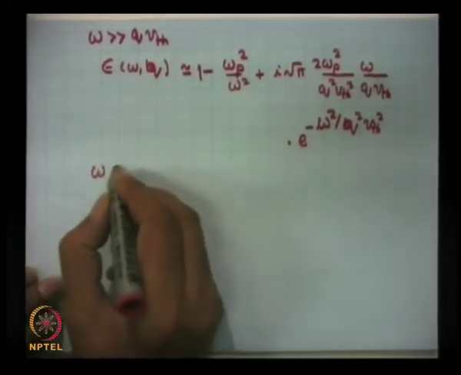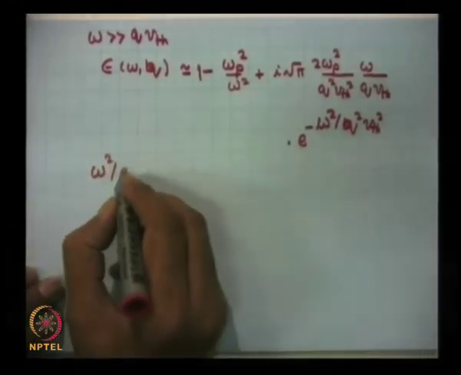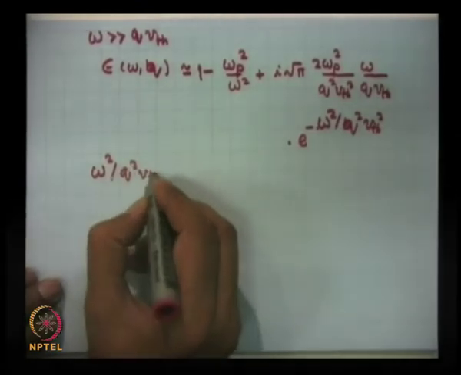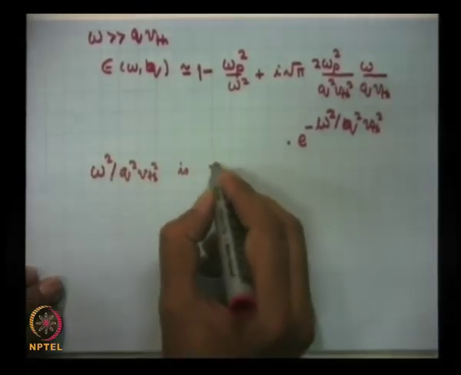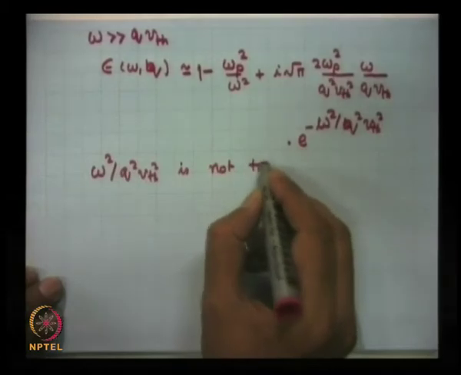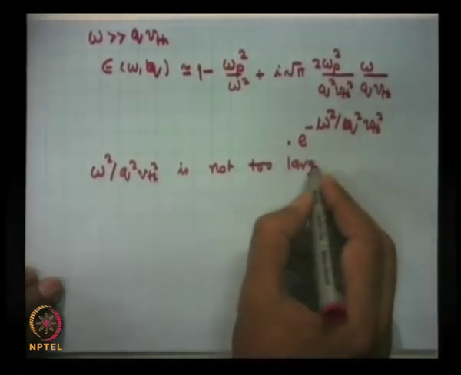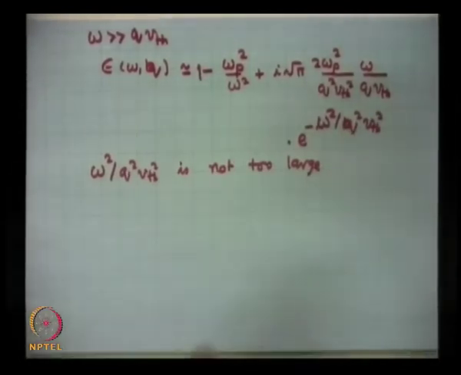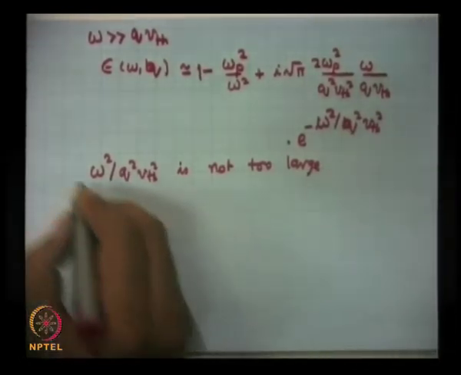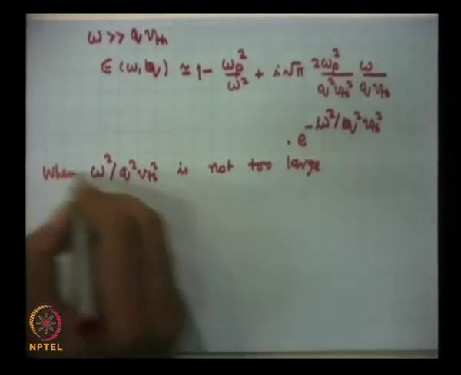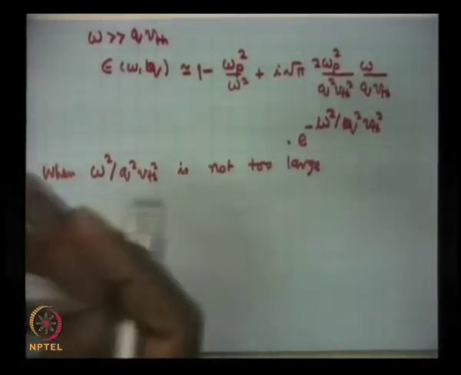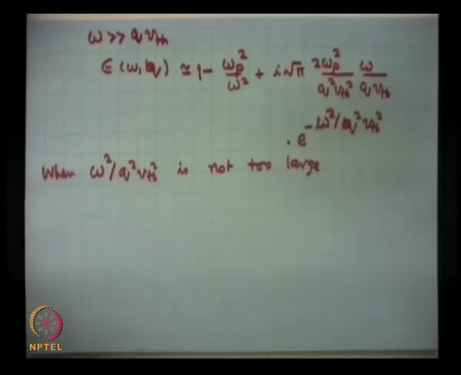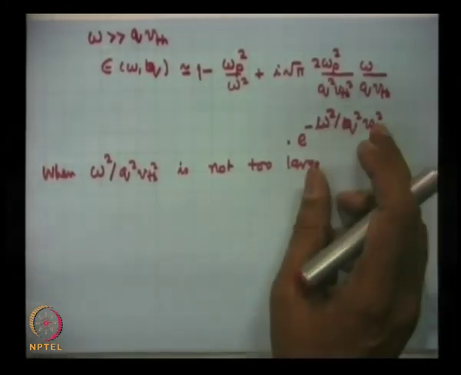when omega square upon k square V thermal square is not too large, because if it is too large, then this exponential term will vanish, will be tiny. When omega square upon q square V thermal square is, suppose, like 10, not 100, then exponential minus 10 is significant still.